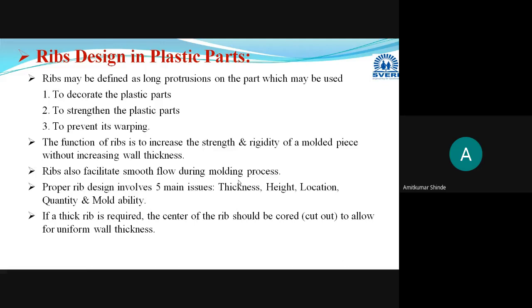Means whichever rib you are providing, it should be helpful to increase the smoothness of the flow during the molding process. Now we will move towards the actual design considerations.